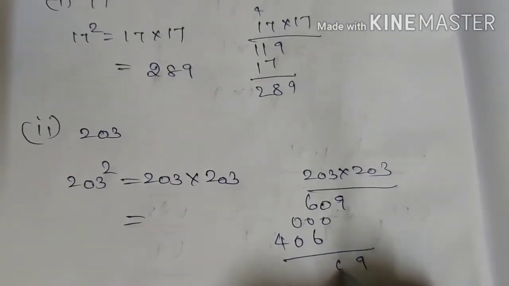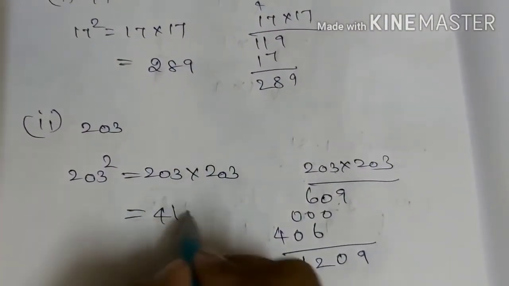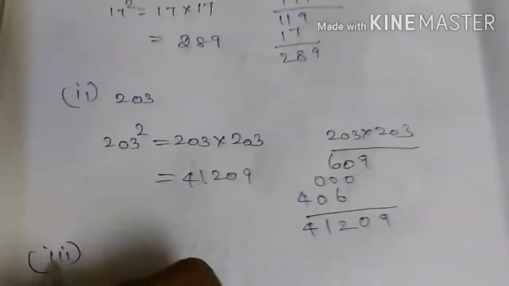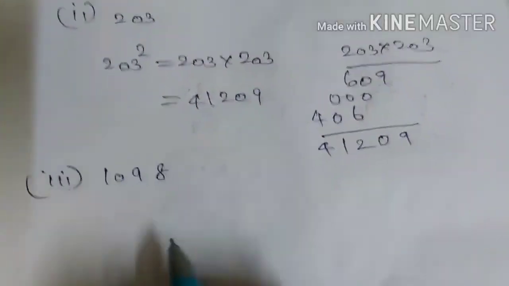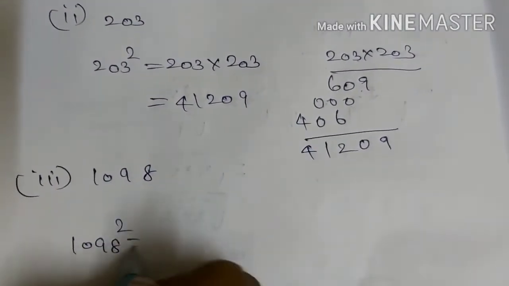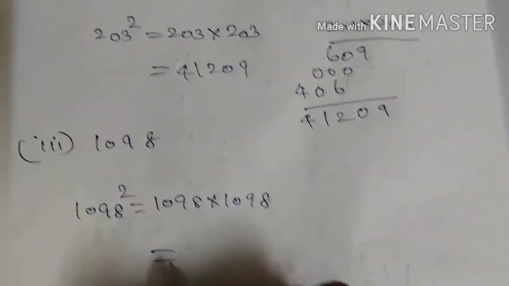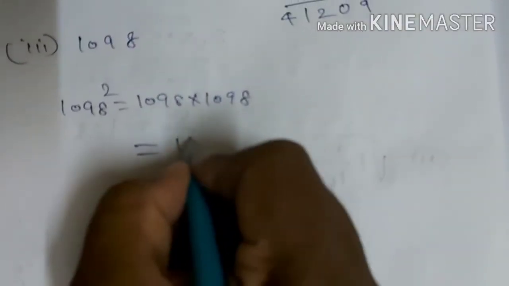Third one, 1098. The square number is 12,05,604.